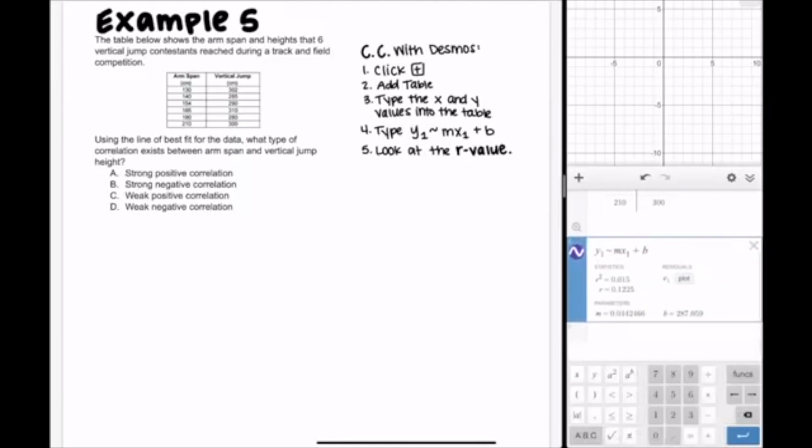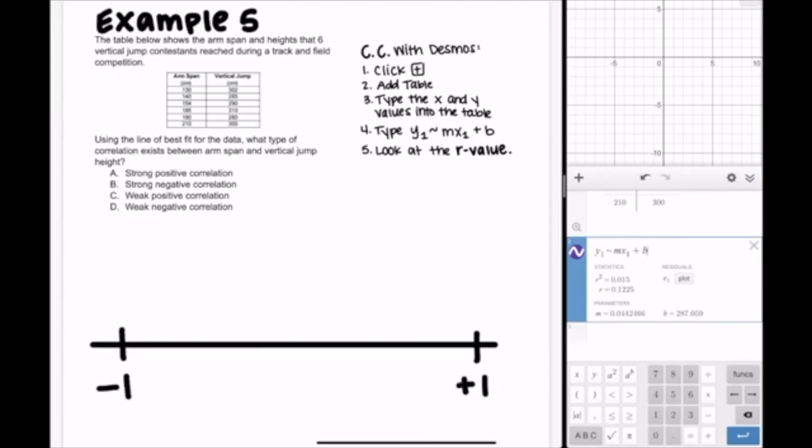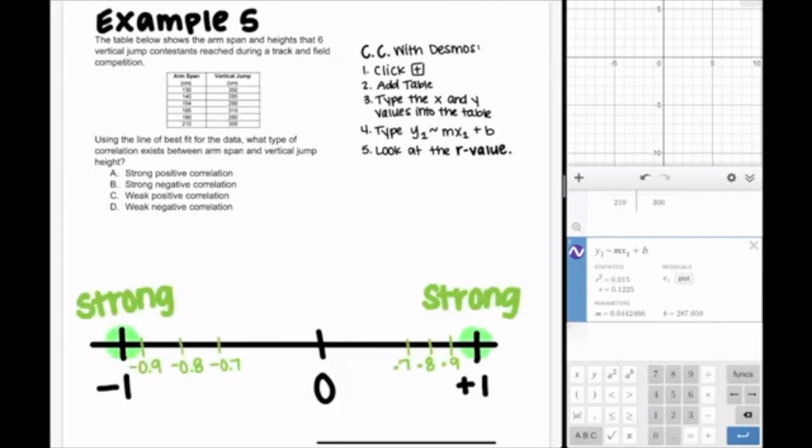And remember, we're just looking for the strength and the direction. Our correlation coefficient is always between -1 and +1, and 0 is exactly in the middle. The closer you are to 1 or -1, the stronger, so the closer you are to 0, the weaker you are.